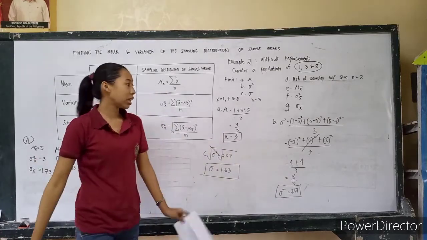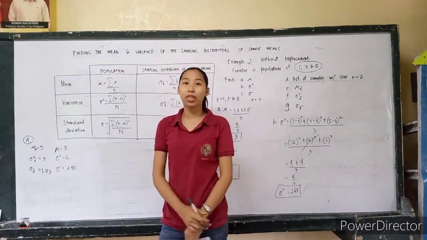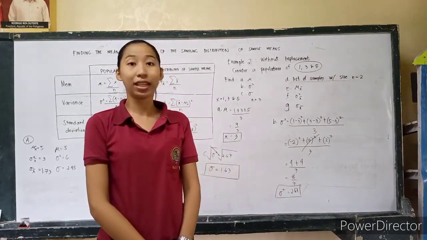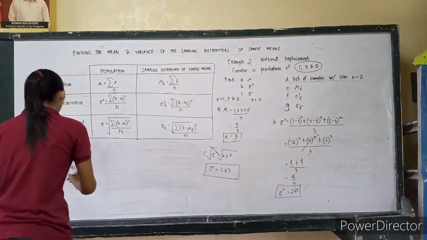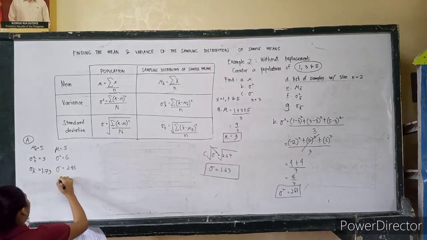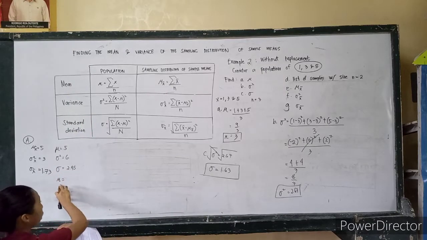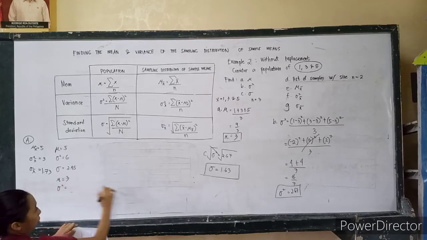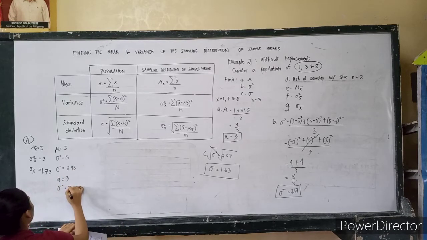Okay, so these are the values that we have obtained from the data that we have. We will write them down so we can compare later on. So our mu, or population mean, is equal to 3. Then our variance is equal to 2.67.